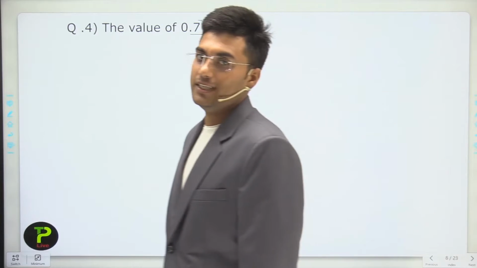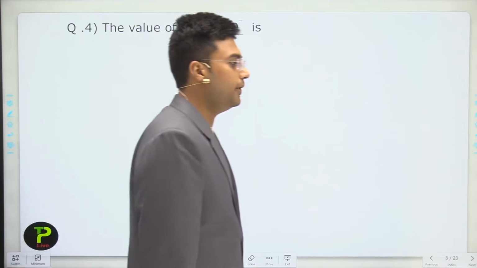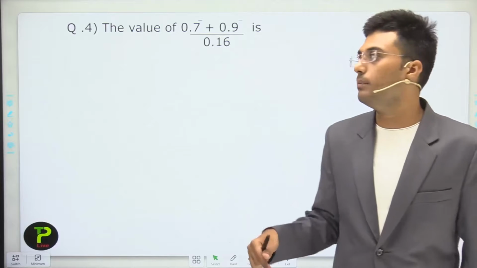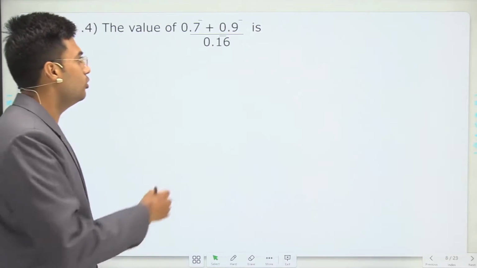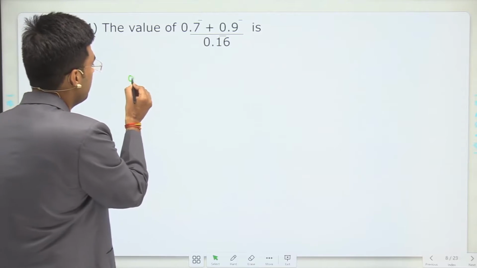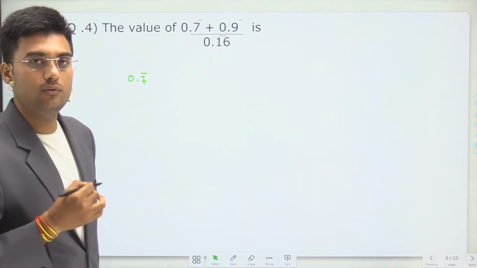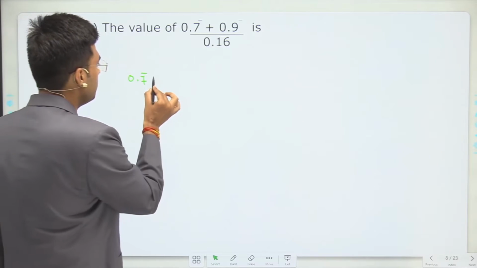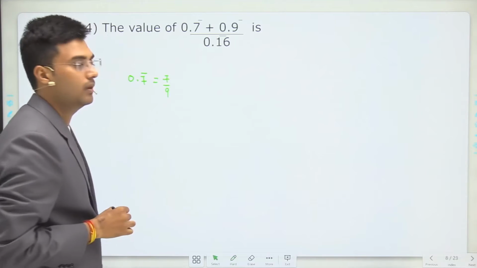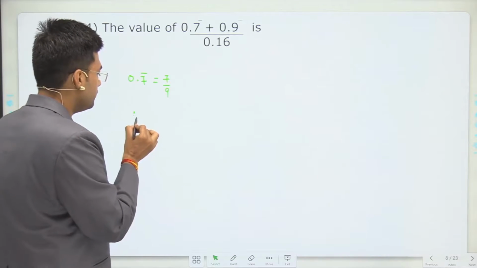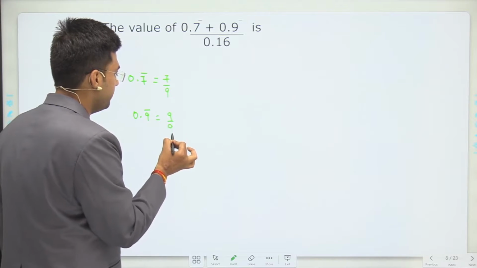The next question is 0.7 bar plus 0.9 bar divided by 0.16 bar. Okay, let's solve this. To solve this, first of all, convert all these recurring decimals into the fractional form. The value of 0.7 bar is equal to 7 by 9, and the value of 0.9 bar is equal to 9 by 9.